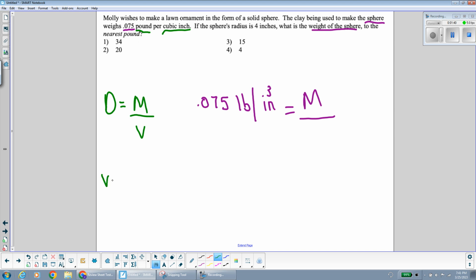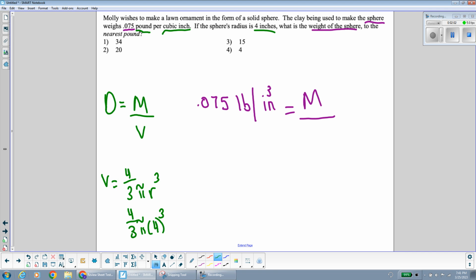The volume of a sphere is 4/3 pi r cubed, and it tells us that the radius is 4 inches. So there's my volume. I'm going to stick it into my calculator so I can see what it is approximately.